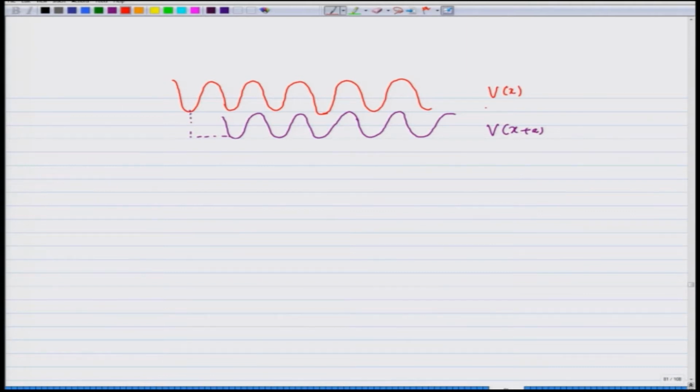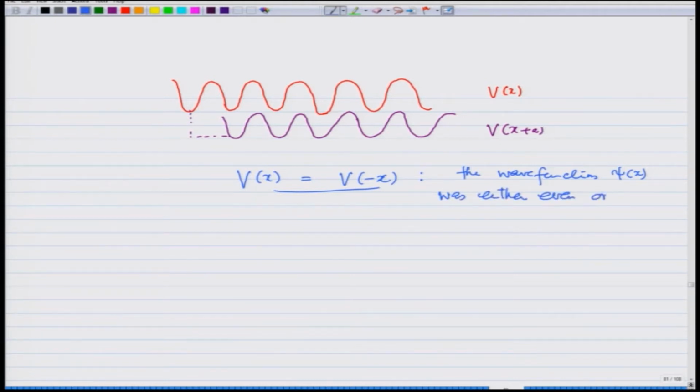This is a symmetry. Recall earlier we had encountered a symmetry in the cases where V(x) was equal to V(minus x), and in that case we showed that the wave function psi(x) was either an even or odd function of x.